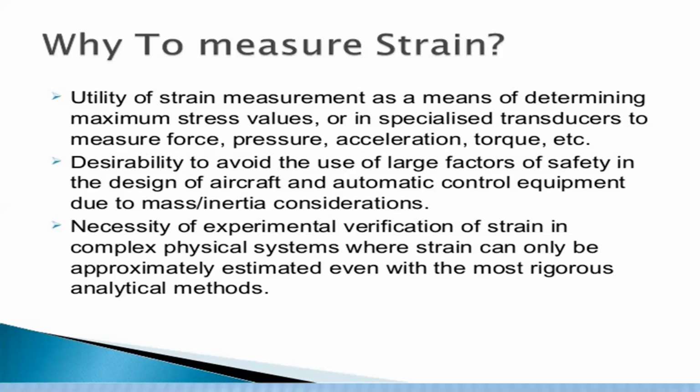Then we apply only up to 900 or 950 on that object. We do not apply the total maximum force on that object. Why? Because if the total force acts on that object, the object should be broken, the instrument should be damaged.